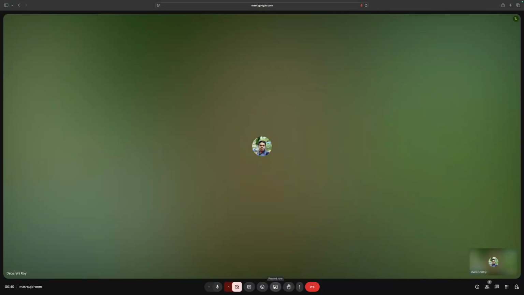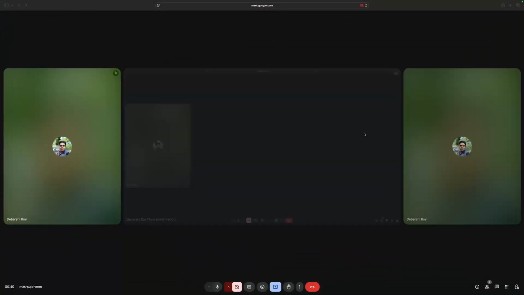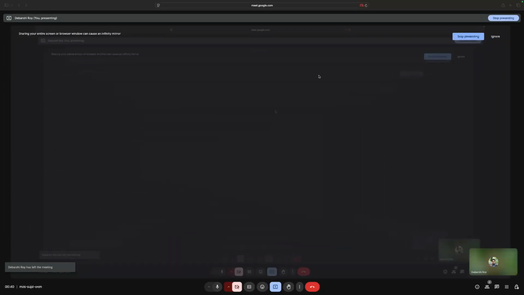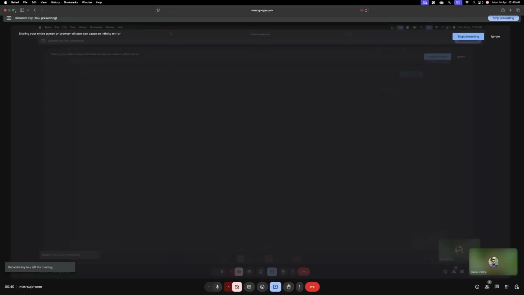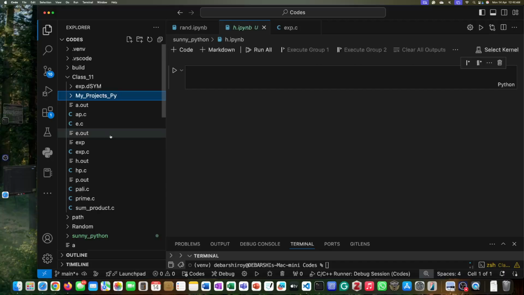So we are starting the solution. I think my screen is visible, and we are opening Visual Studio Code, and we'll create some projects.